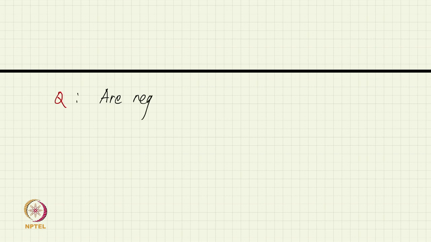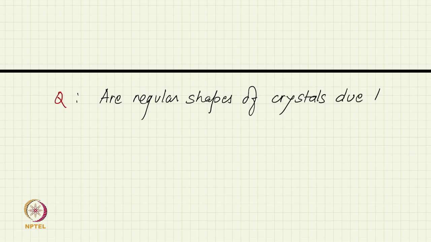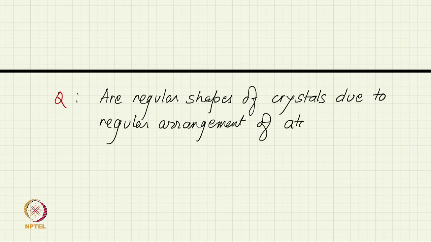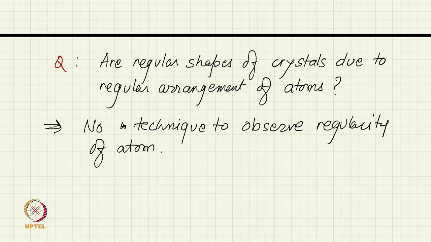That are regular shapes of crystals due to regular arrangement of atoms? But there was no way, no technique to look at regular arrangement. So, the question remained a question. Regularity of arrangement of atoms.